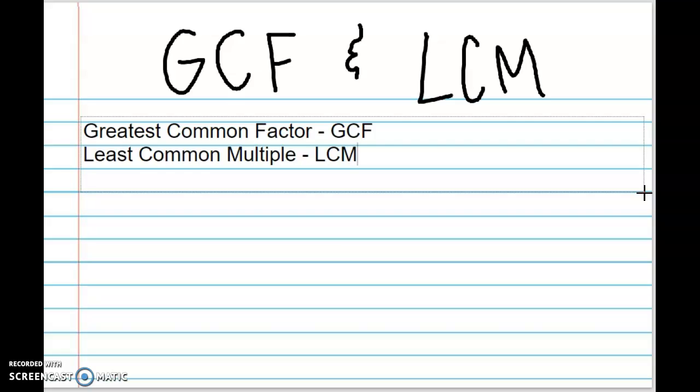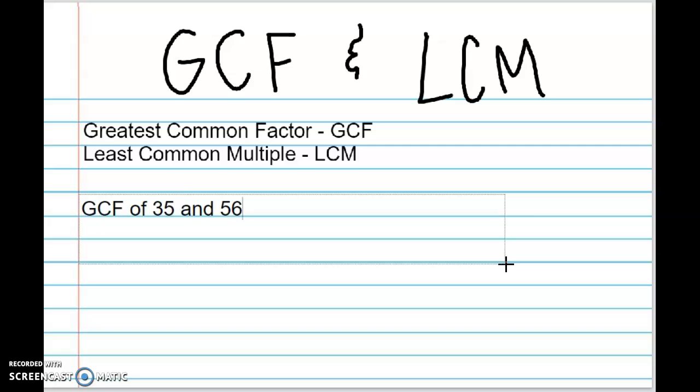So the greatest common factor, that's when you have two numbers. Usually the numbers are a little on the bigger side. So let's say that we are finding the GCF of 35 and 56.